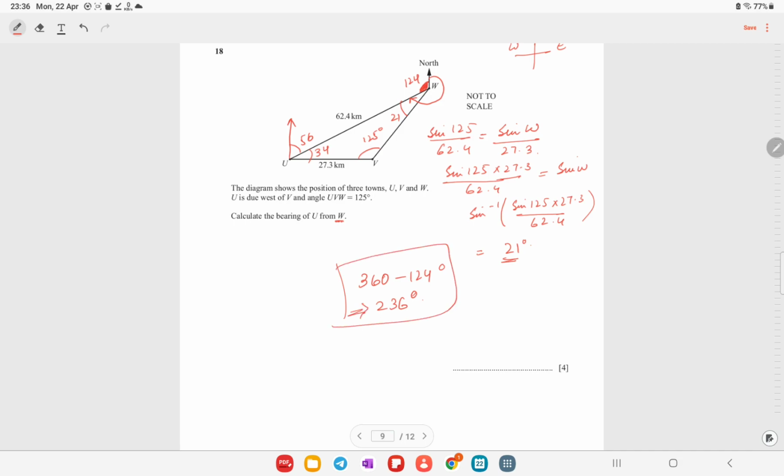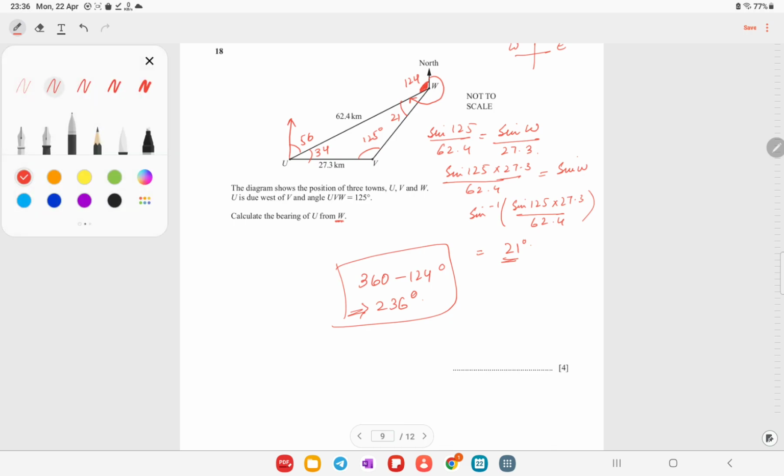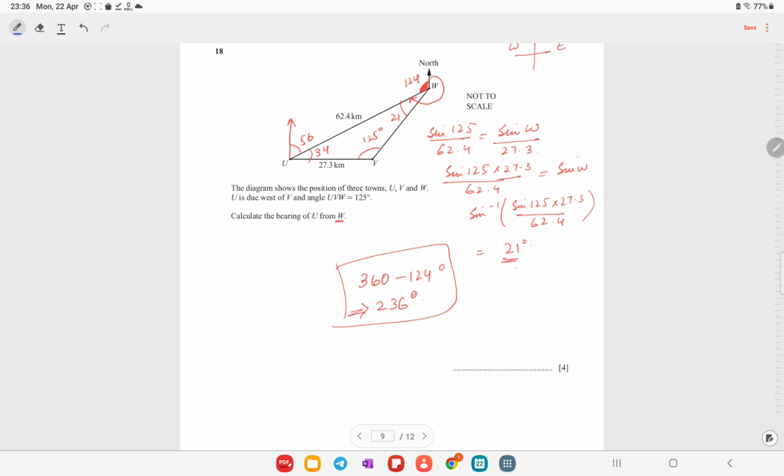I hope this is clear, but hold on, I'll give you a little explanation. When you do this, you get this angle, the blue shaded region, which is 21. If you add U plus V plus W, all the angles of a triangle sum up to 180 degrees. So you will get angle U, which is going to be 34. Then you use the corresponding angles property, A plus B equals 180 degrees.